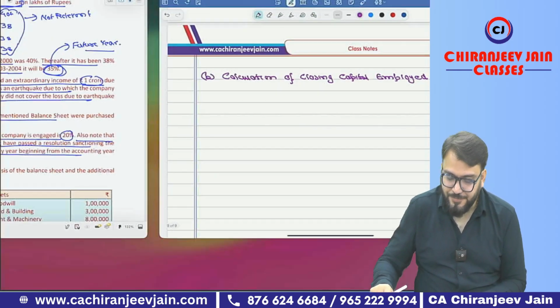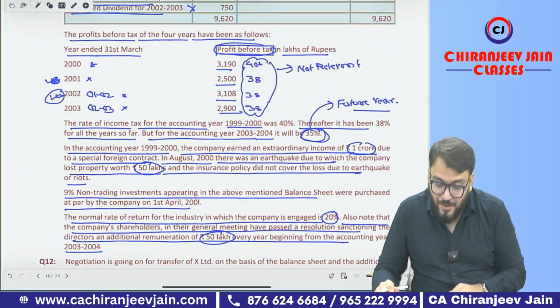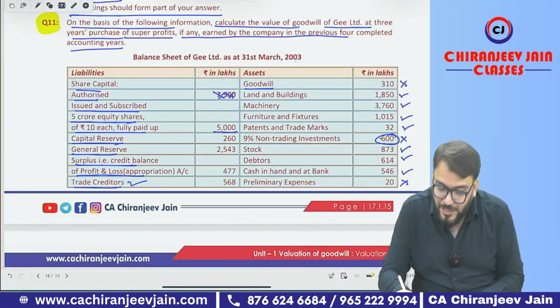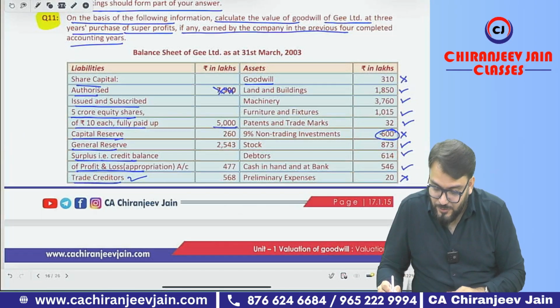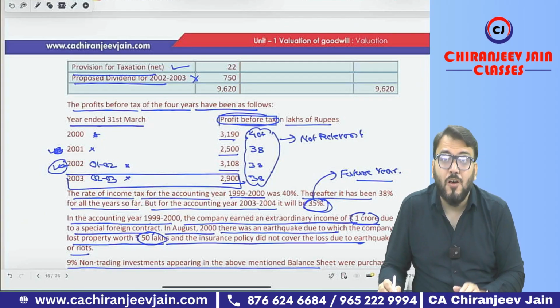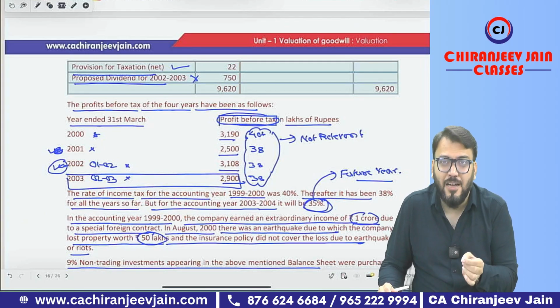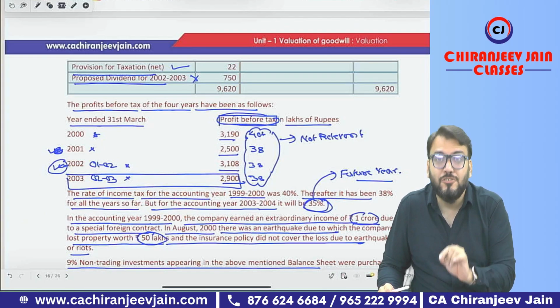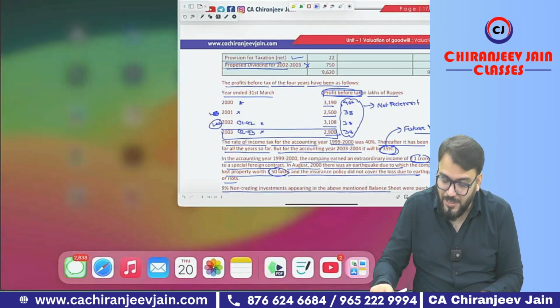As at which date? They have given the balance sheet as on 31st March 2003, means we are calculating closing capital employed of this year, for 2002-2003.